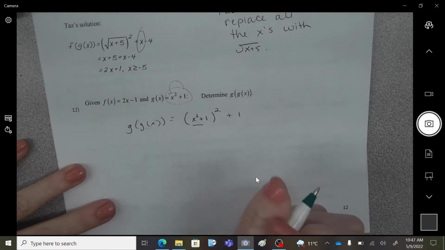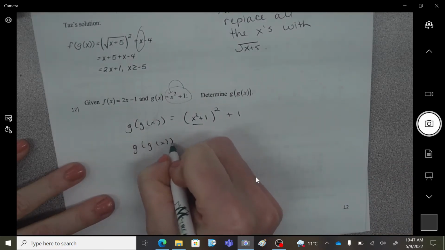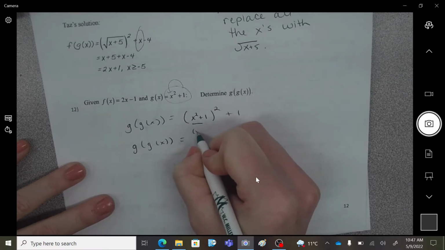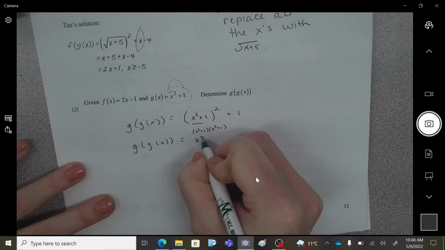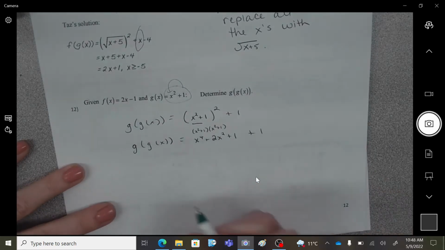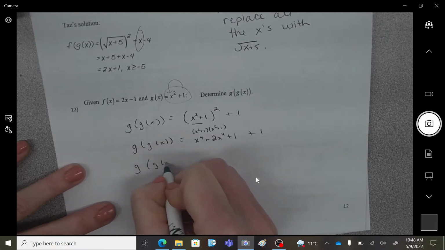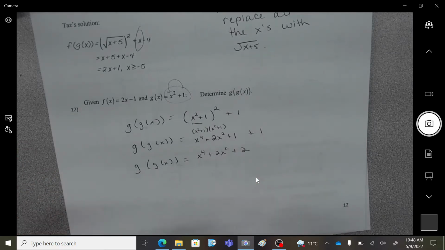Okay, so that's fine if you leave it like that. If you did want to simplify it, we're going to square this. So we get an x fourth plus 2x squared plus 1 plus another 1. And so that would be simplified.